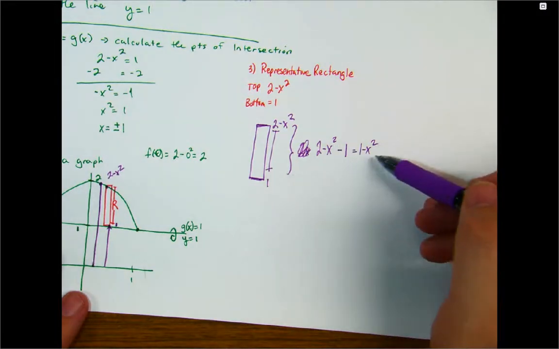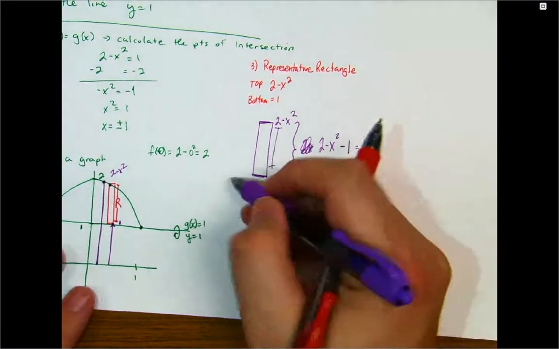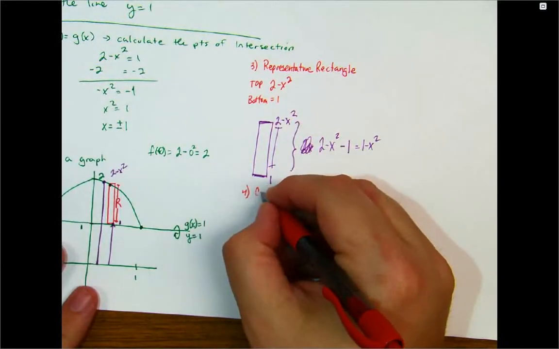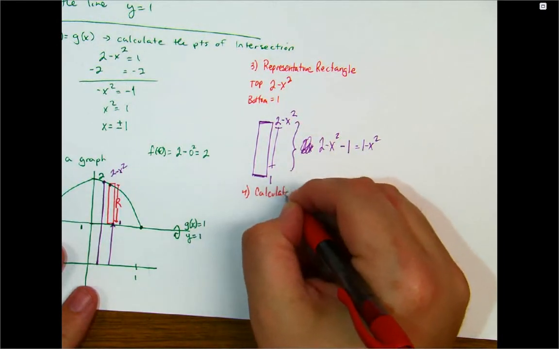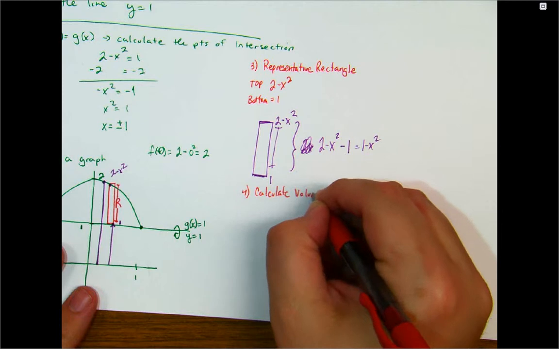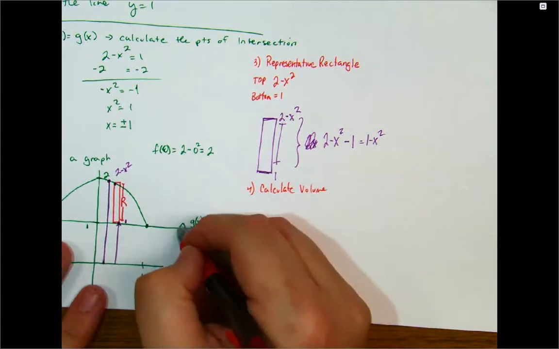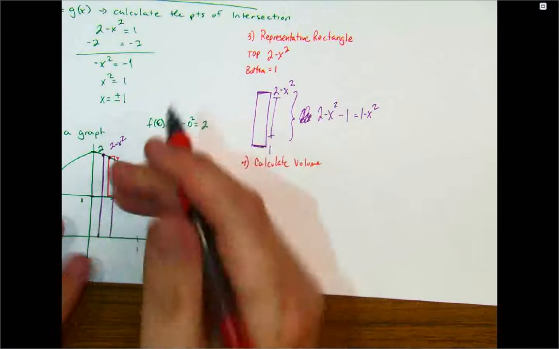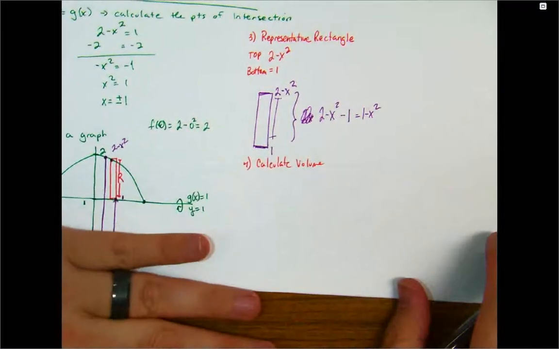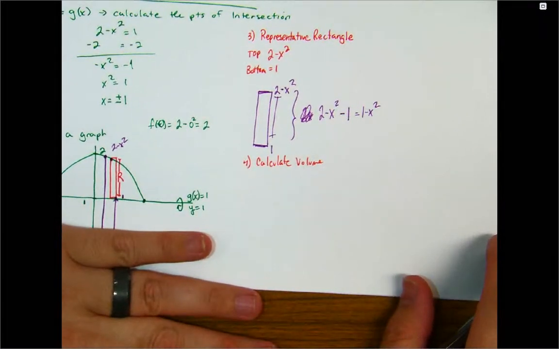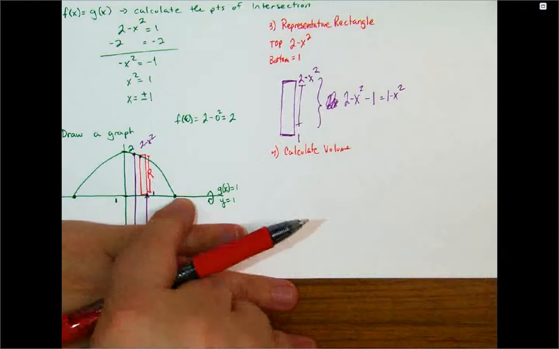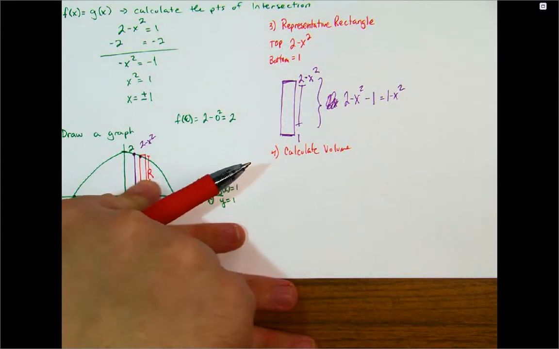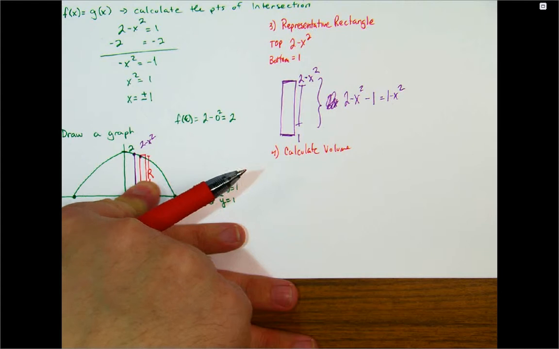Now, step 4 is you calculate your volume. Since we know we're rotating around y equals 1, you can essentially think that, all right, now the x-axis is gone. You can almost pretend this is the x-axis. I know what the dimensions of my rectangle are. So that's your big thing, figuring out the dimensions of your rectangle.